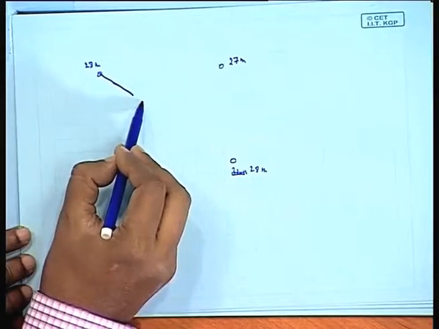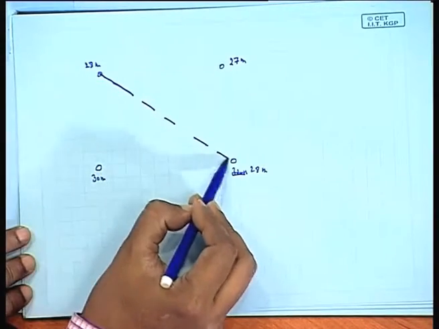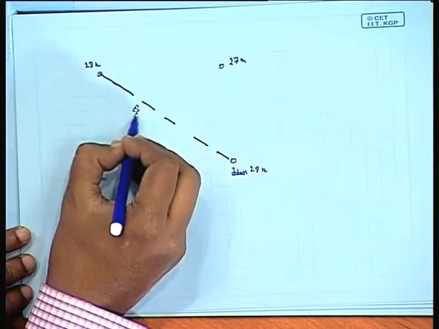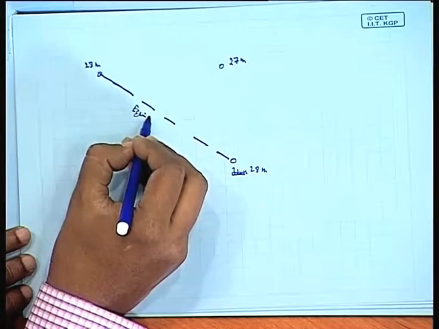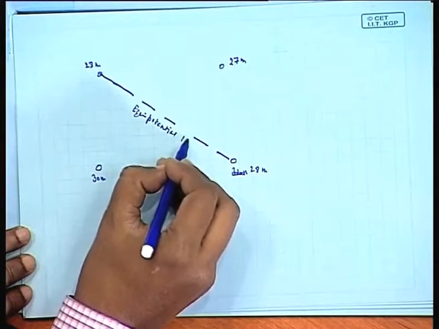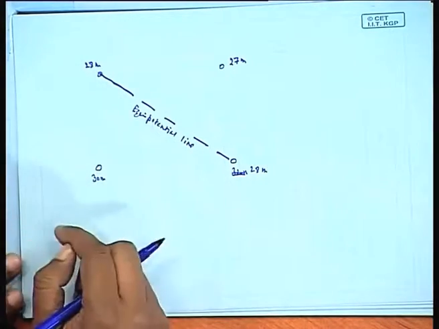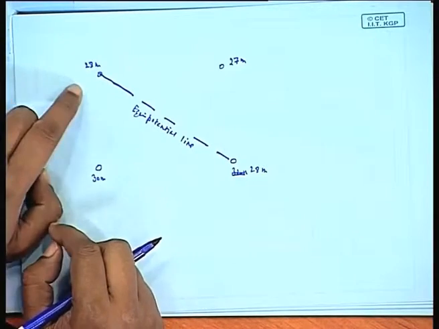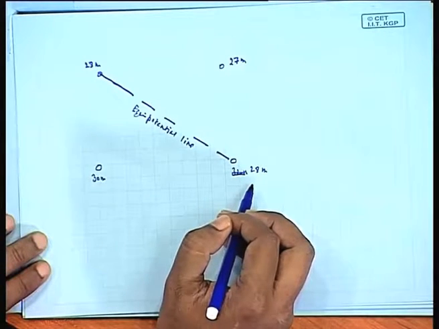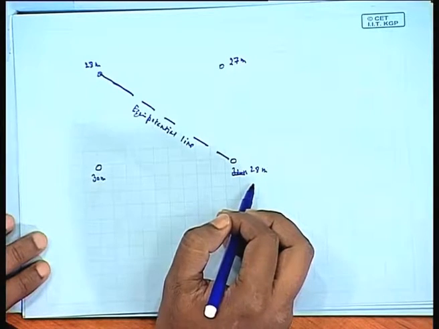If you observe this one, this is called an equipotential line. It's known as the equipotential line, which has equal potential. The water head is the same.